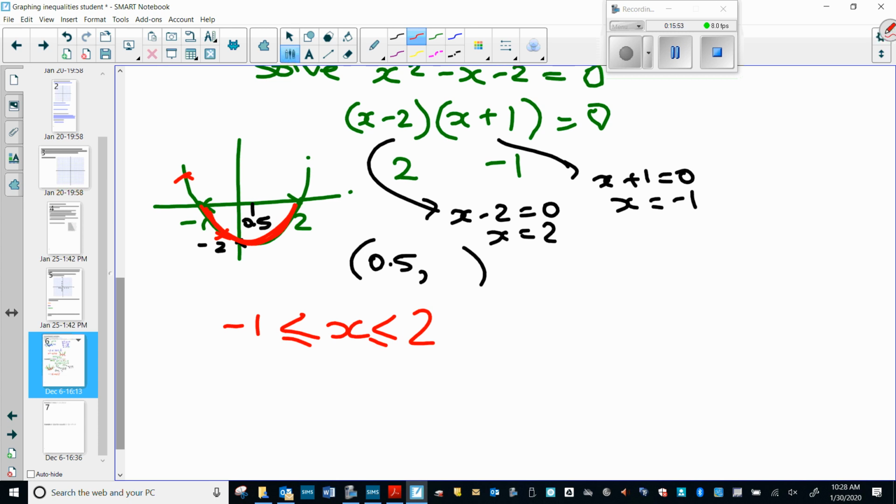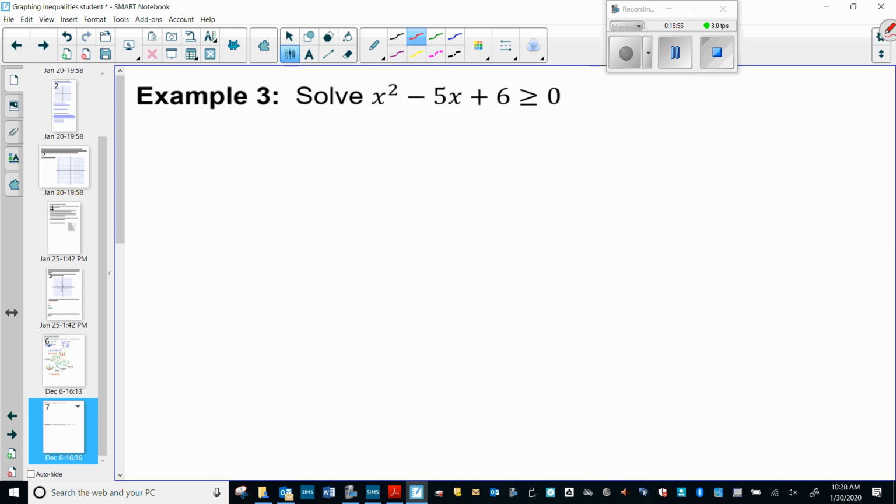Next one. What can we do with this? Factorize it. Or we're pretending that it's equal to 0, solving that, or you can use the quadratic formula.